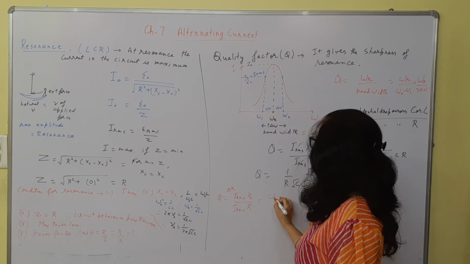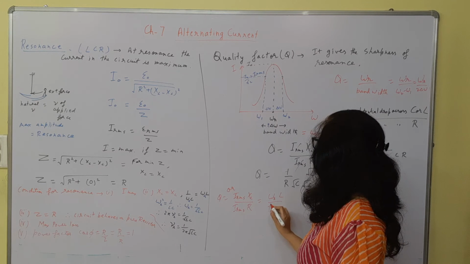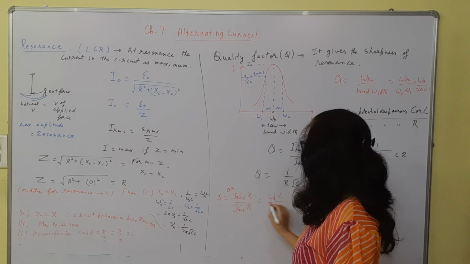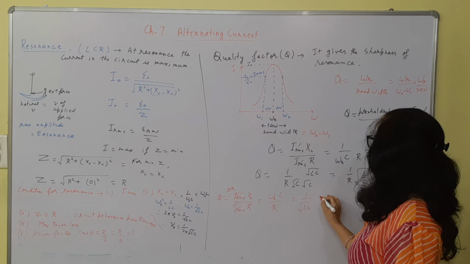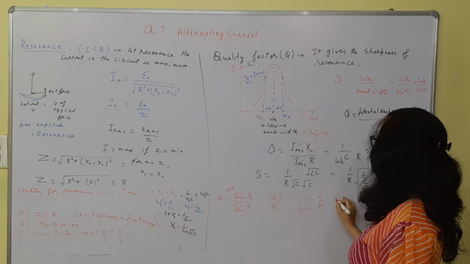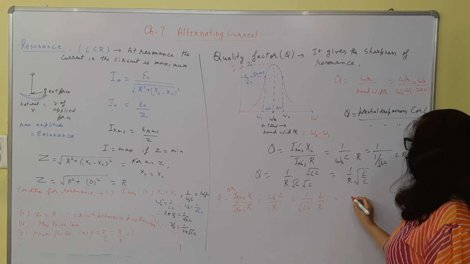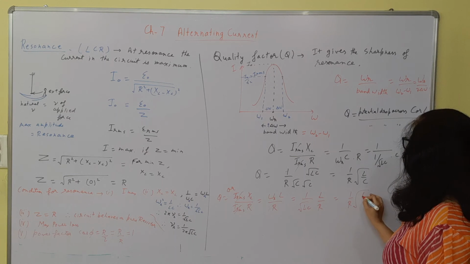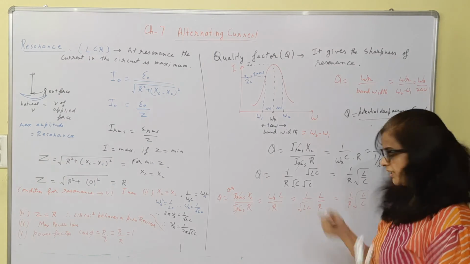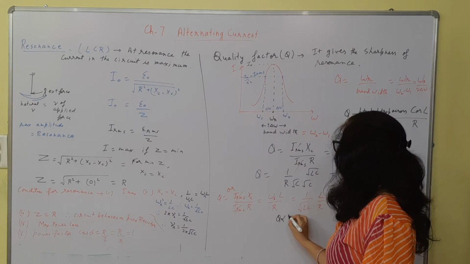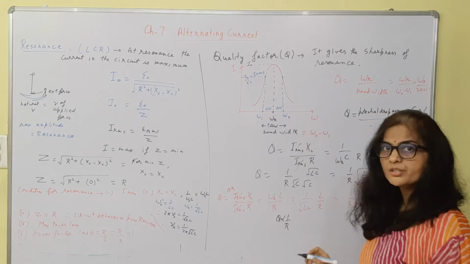This can be written omega R L upon R. So this can be written as 1 by under root of LC into L upon R, and root L cancels. So this will be 1 by R under root of L upon C, same. So from here you can infer that Q is inversely proportional to resistance.